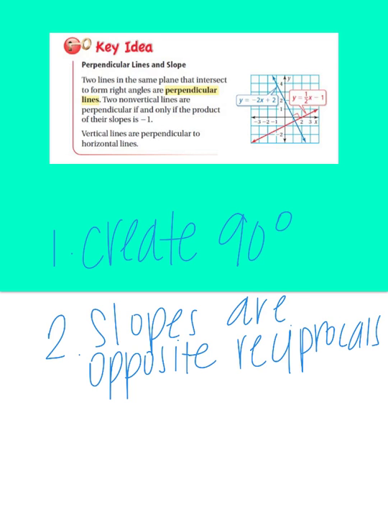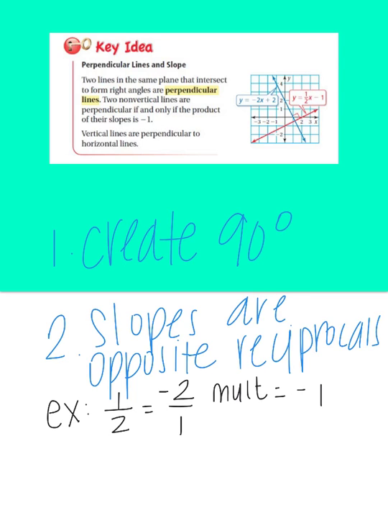For example, if you have a slope of 1/2, the opposite of a positive 1/2 would be negative, and the reciprocal of 1/2 is 2. So the opposite reciprocal is -2/1. Also, when you multiply these two, they should equal -1. That's a nice little check.